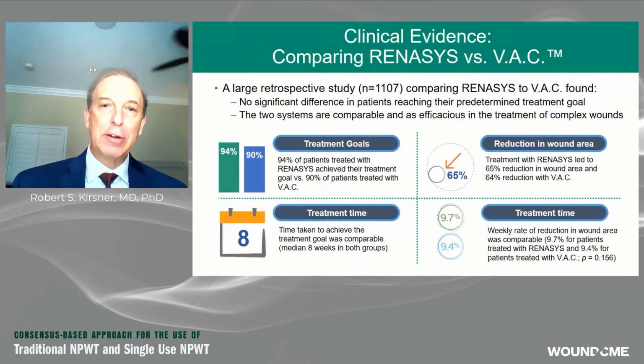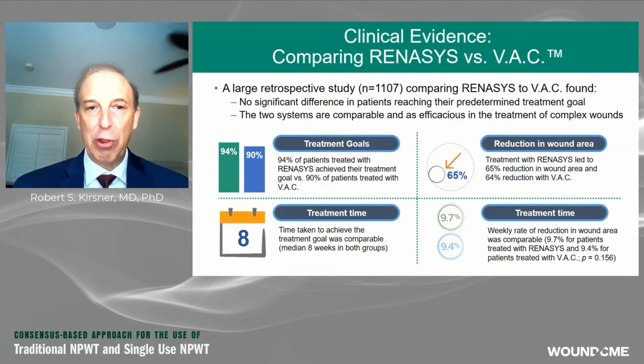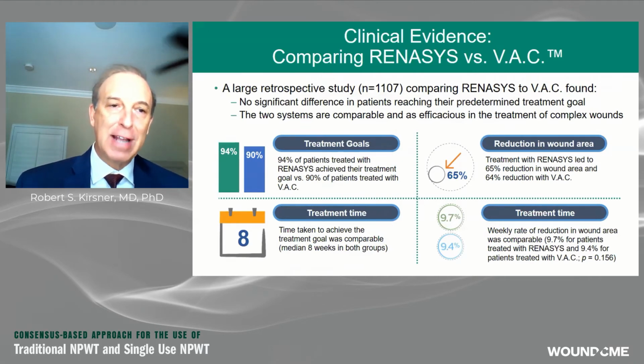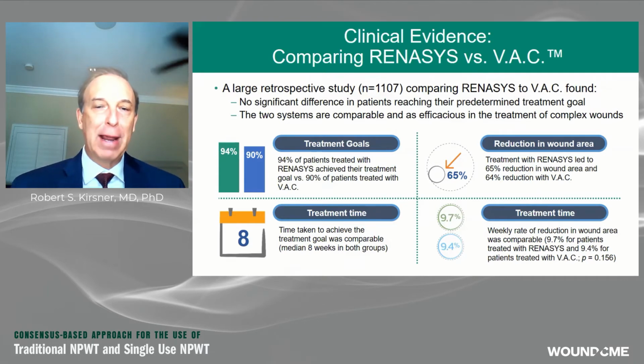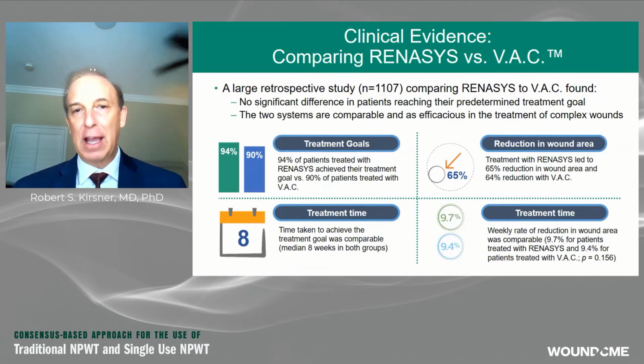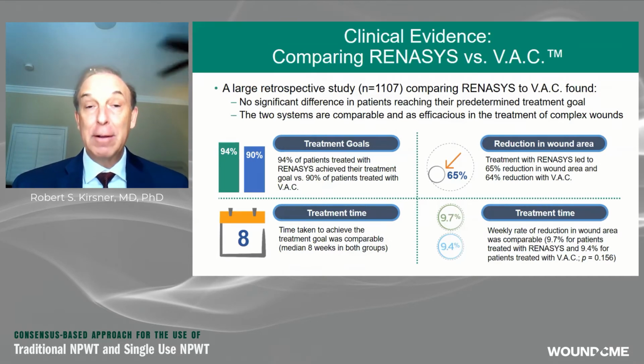There are different types of what we call traditional negative pressure wound therapy. And it turns out that when studies have compared various types of traditional negative pressure wound therapy, there seems to be very much similarity between them.